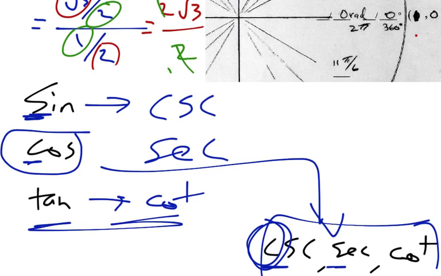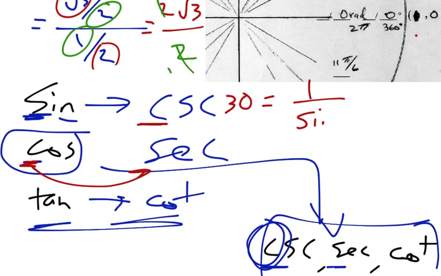Sine starts with an S, so the reciprocal will start with a C. Cosine starts with a C, then the reciprocal starts with an S. Alright? So when I'm looking for cosecant, in this case of 30 degrees, I'm going to do 1 over sine of 30.